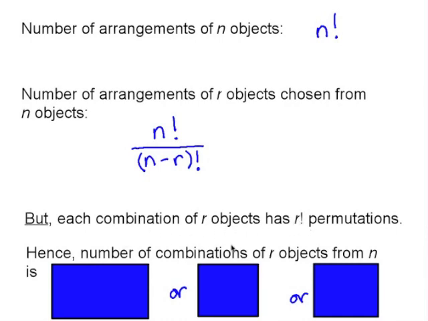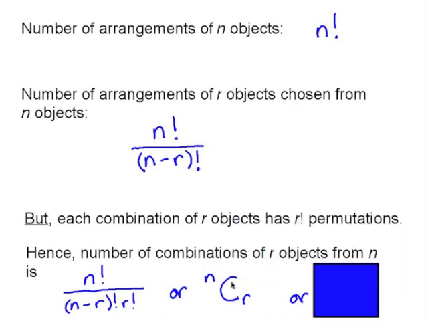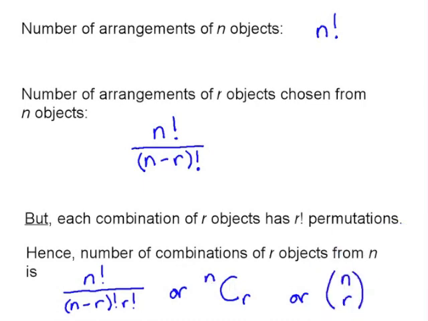So if I just want the number of combinations of R objects, I need to divide by R factorial, which simplifies to n factorial over n minus R factorial, R factorial. Now this is abbreviated to nCr, or it's often just said as n choose r. It's also abbreviated to n r in brackets.